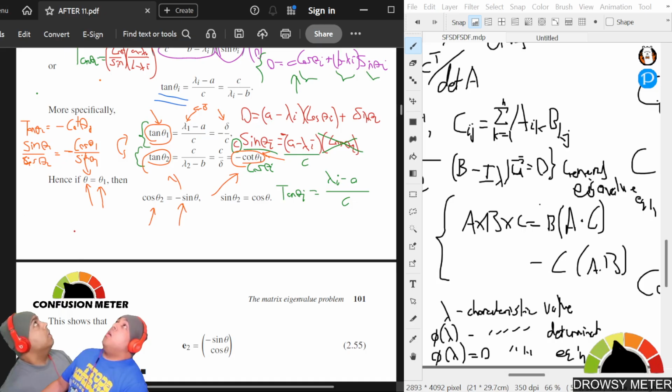If theta equals theta 1, cos theta and sine theta, then cos theta 2 equals minus sine theta, and sine theta 2 equals cos theta.